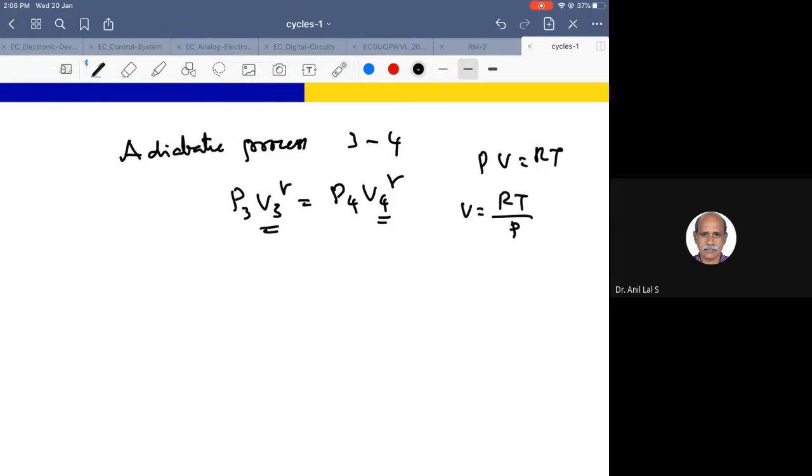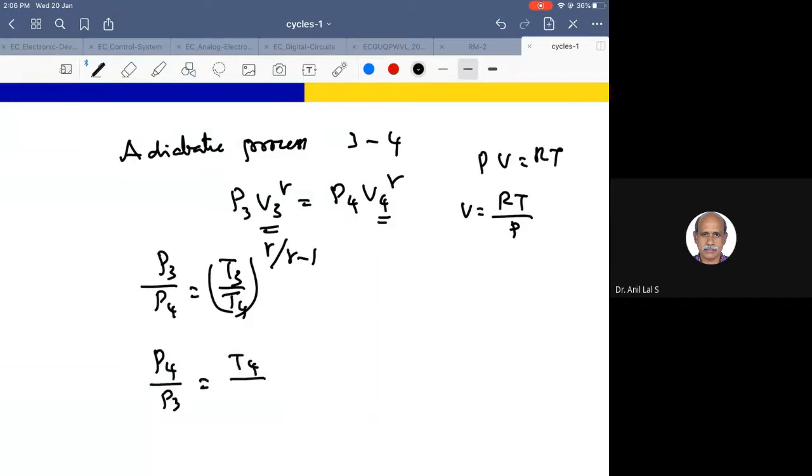If you substitute that and simplify, you will get P3 by P4 is equal to T3 by T4 raised to gamma by gamma minus 1. Or if you want to write P4 by P3, you write T4 by T3 raised to gamma by gamma minus 1.